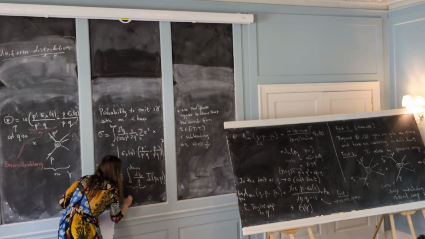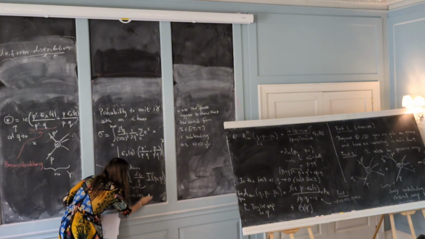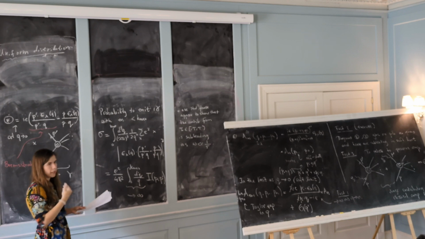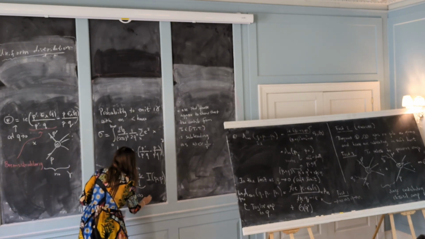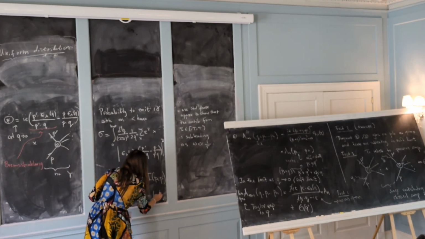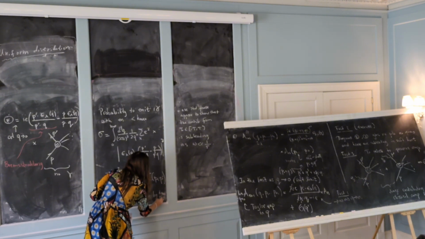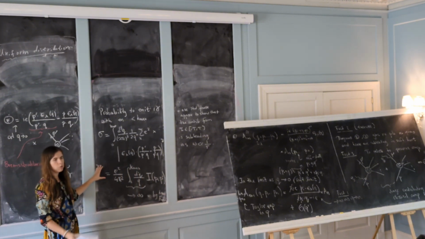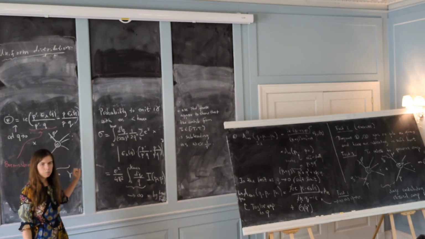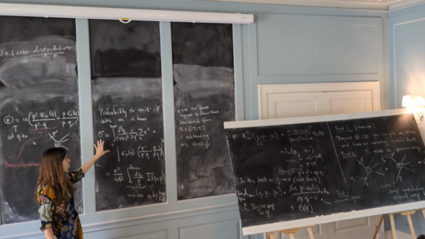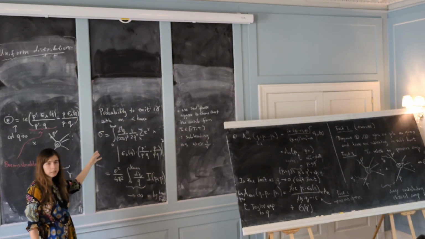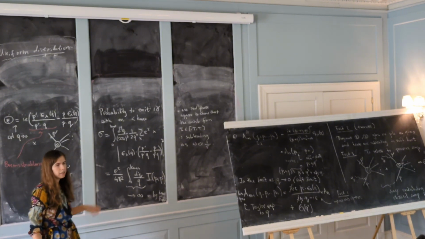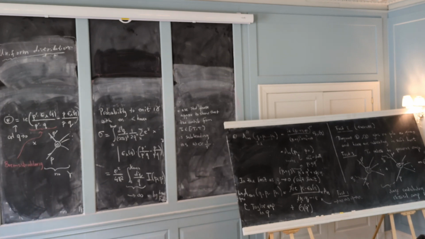And this diverges, because this integral ranges from 0 to some k max. There is some logarithmic divergence. So this is basically the same answer that we found before for the number of photons emitted. But here the same answer popped up as the probability of emitting one zero energy photon. And that's a bit ridiculous because probabilities should not be infinite.